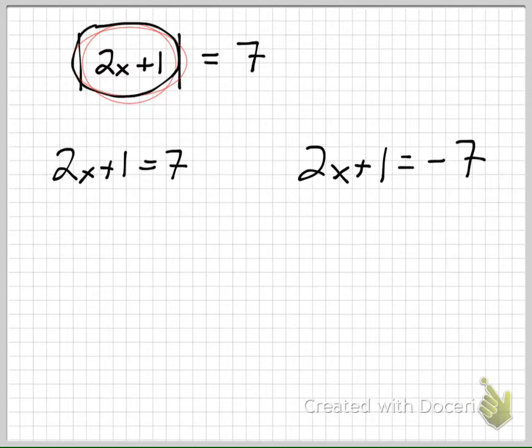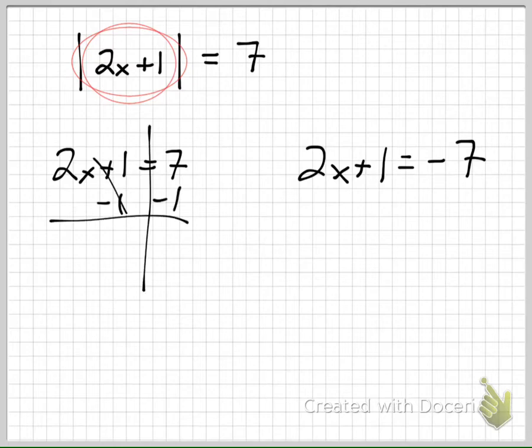It could be here, or it could be there. So notice how I set it up. There's 2 problems. I just create 2 different equations, one that makes it 7, one that makes it negative 7, and I solve it. Line down the equal sign, minus 1, 2x equals 6, divided by 2, x equals 3.